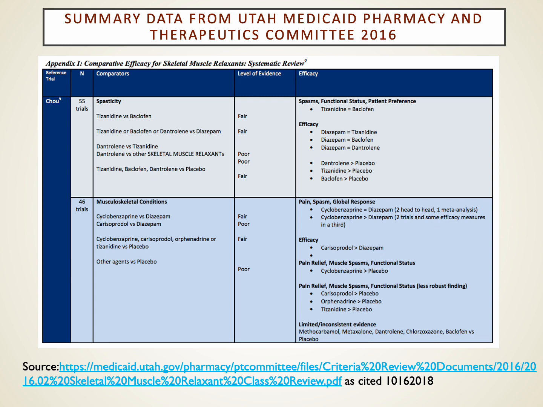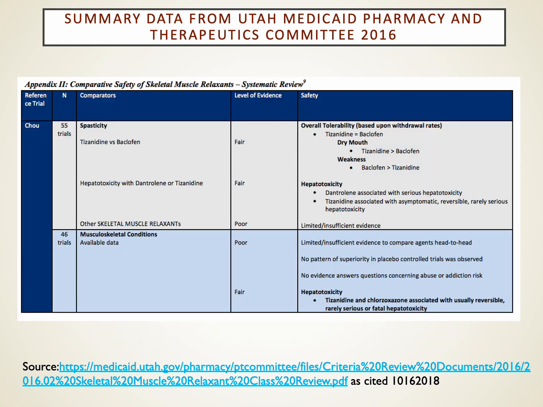That's one of the reasons why clinicians really reserve these agents for refractory cases where first-line interventions aren't as effective. More data on comparative safety of these agents for both spasticity and skeletal muscle conditions, with hepatotoxicity being a concern for the spasticity agents, particularly with dantrolene therapy.